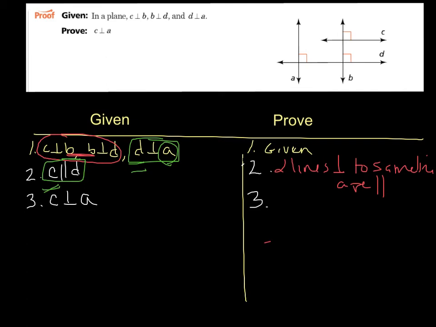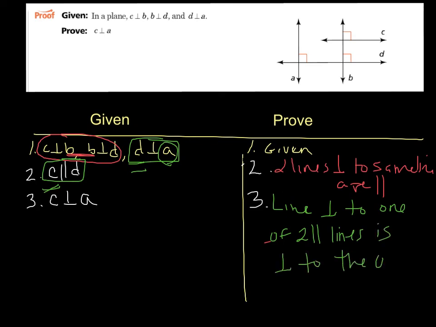So C is perpendicular to A because a line perpendicular to one of two parallel lines is perpendicular to the other. That was another one of those theorems.